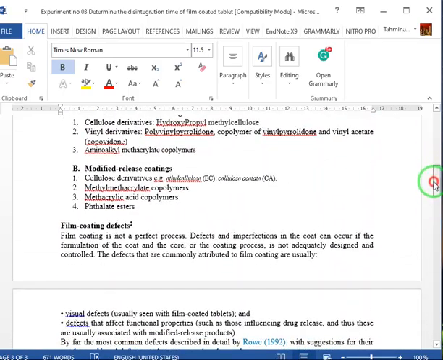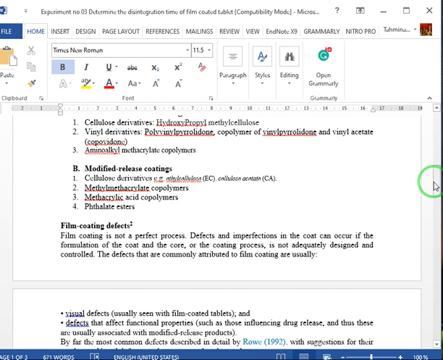Alton describes film coating defects. A film coating is not a perfect process. Defects and imperfections in the coat can occur if the formulation of the coat and the core or the coating process is not adequately designed and controlled.